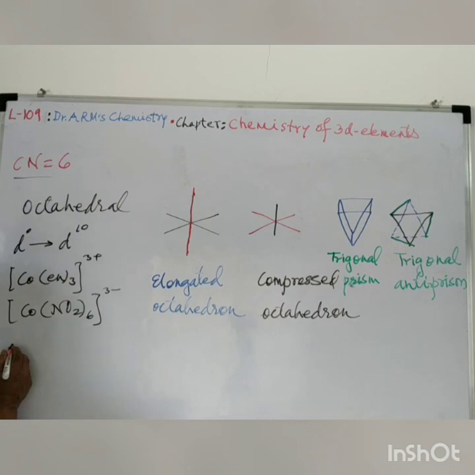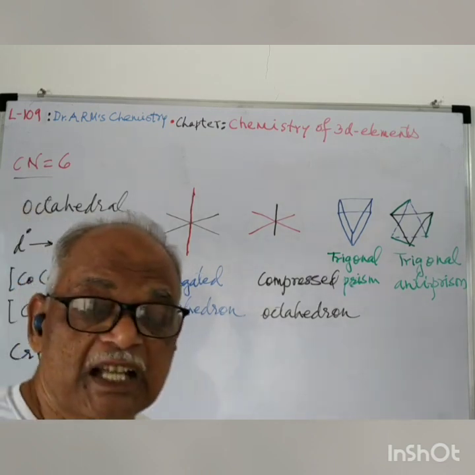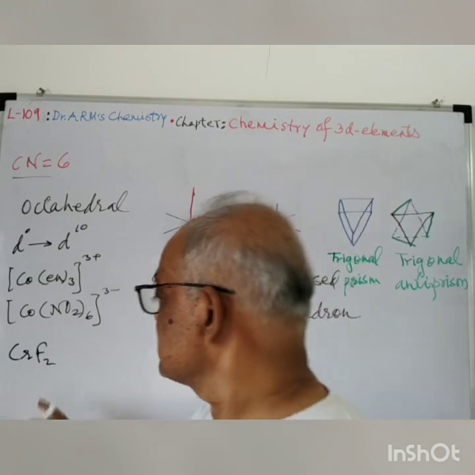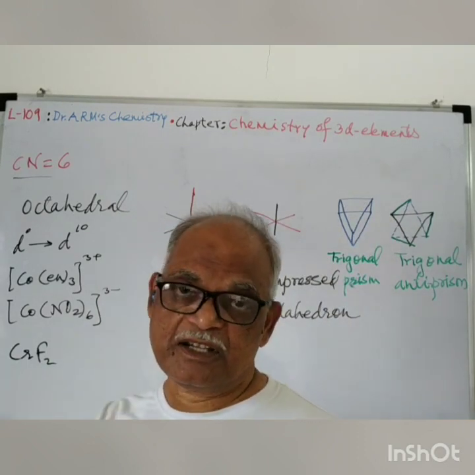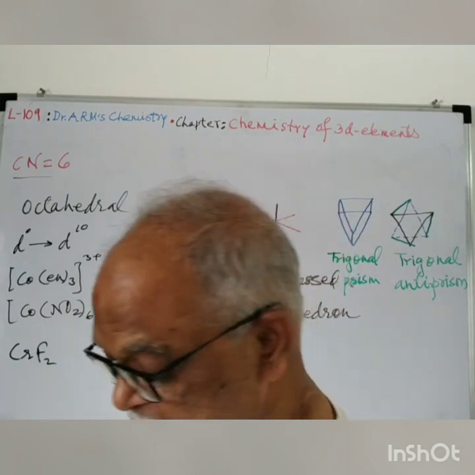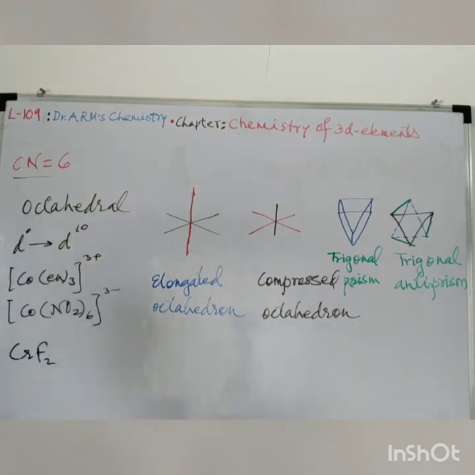We can have the example of chromium CrF2. Here we observe that the coordination number appears to be 2, but it has the octahedron structure.